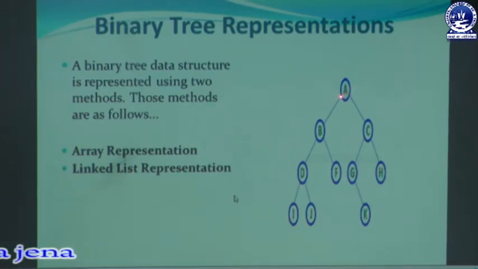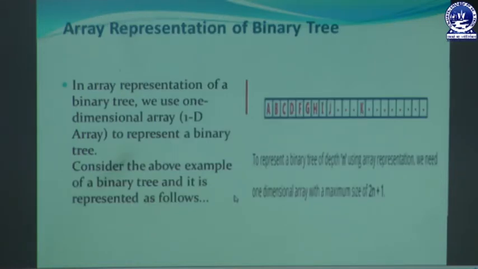That means first we will store the level 0 data in the 0th location, then the next location of the array will store the level 1 data, then the next location will store level 2 and so on. So, consider this is our binary tree and we will represent it in a 1D array. First the root node A is represented at the 0th location, then the left subtree of node A is B, which is represented at the 1st location.